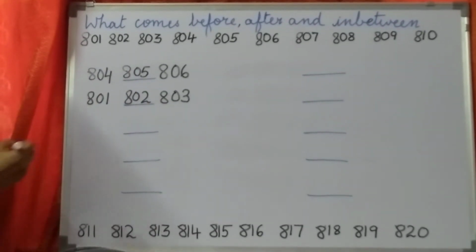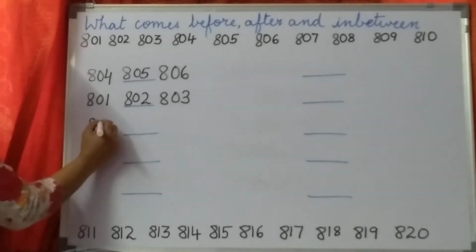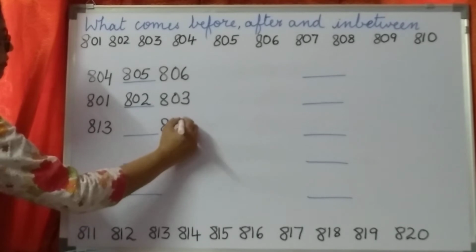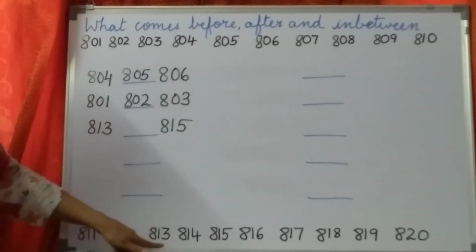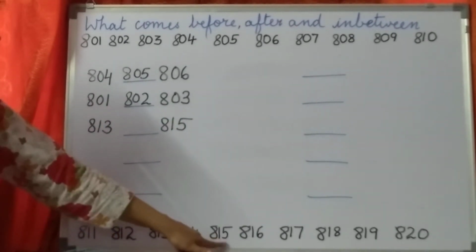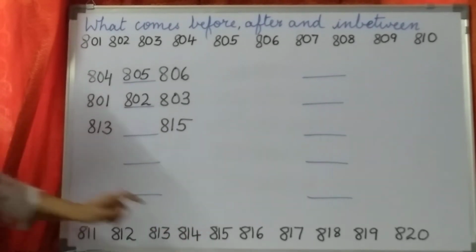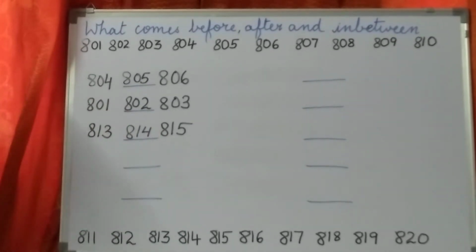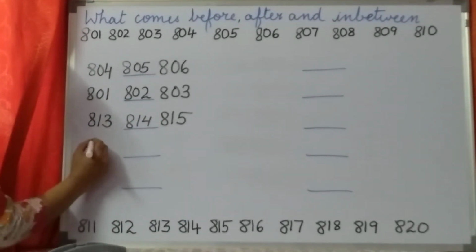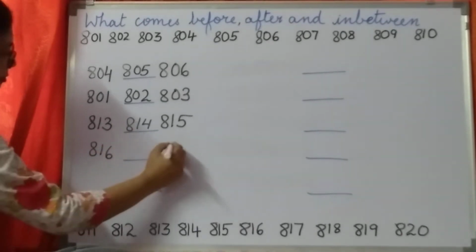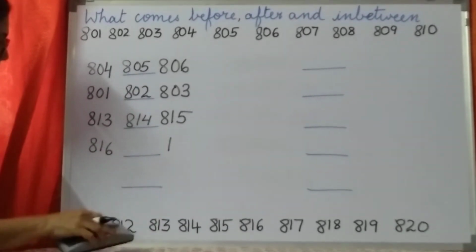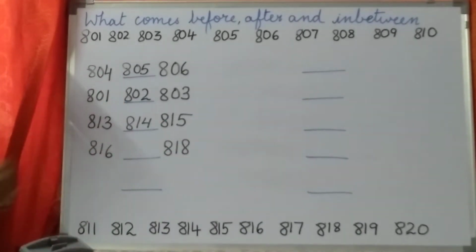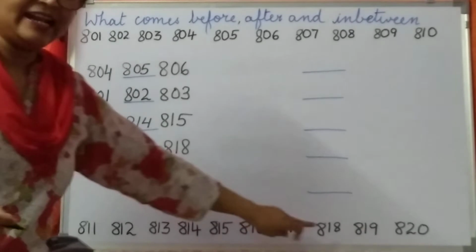Okay. Now what comes between 813 and 815? Now see your numbers, 813 and 815. So what is the number in between? 814. Now, 816 and 818.